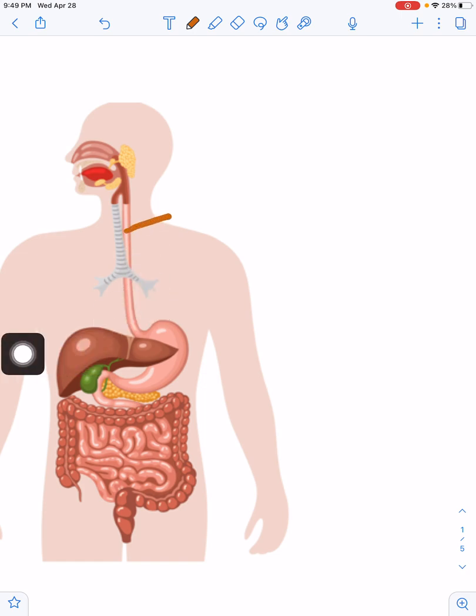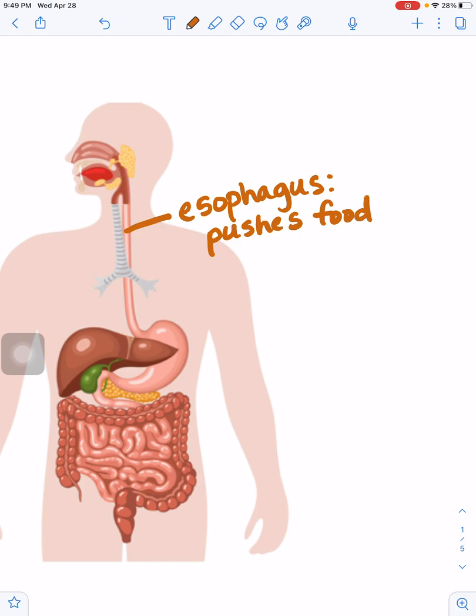So the esophagus, and this is something you do need to know, pushes food down. It squeezes it down, and this is called peristalsis.